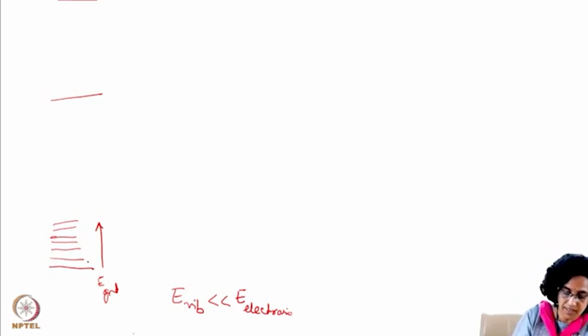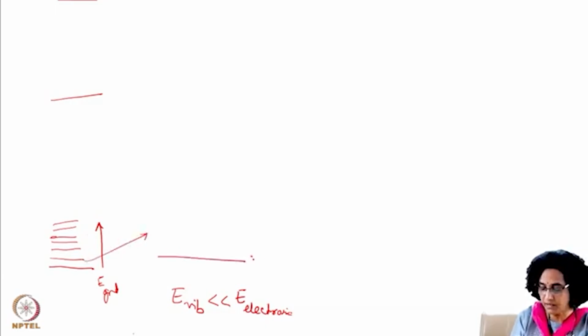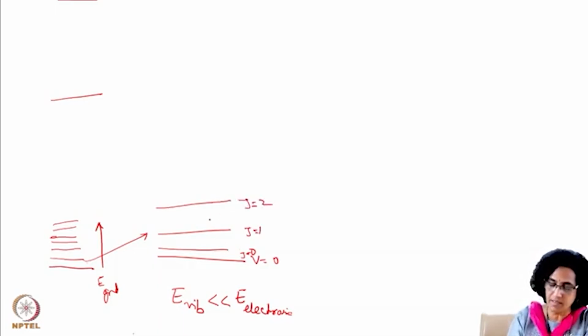Now when we consider each vibrational level, suppose this is the ground vibrational level, then in the ground vibrational level you have several rotational levels. So let this be the first, J equal to 0. Then you have J equal to 1, J equal to 2. We are seeing that this spacing keeps on increasing. You have J equal to 4.